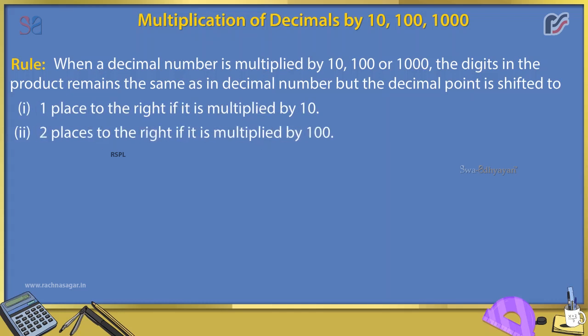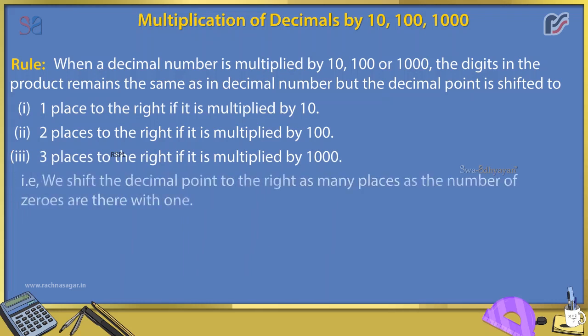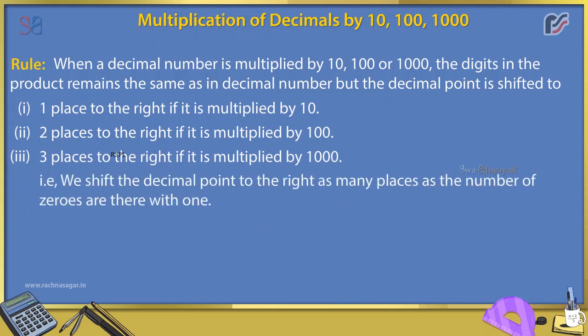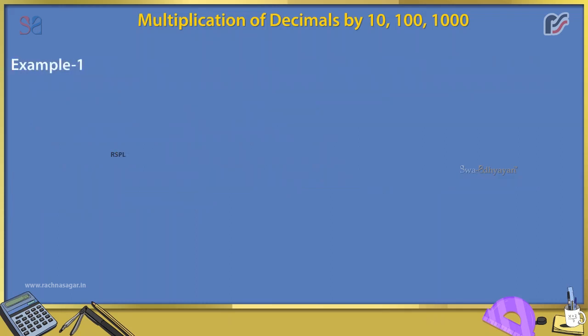Two places to the right if it is multiplied by 100. 3. Three places to the right if it is multiplied by 1000. That is, we shift the decimal point to the right as many places as the number of zeros with 1.